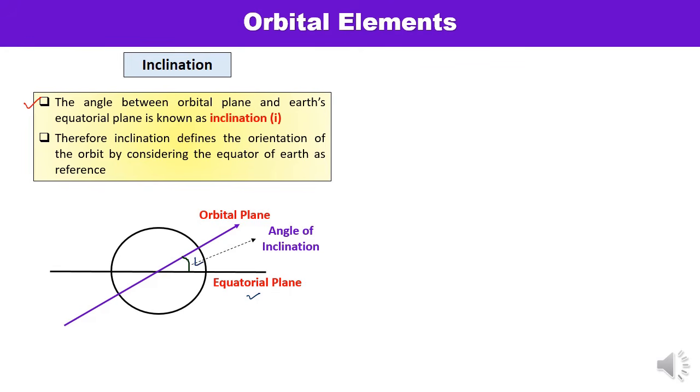So this angle I between the equatorial and orbital plane is the angle of inclination. It defines the orientation of the orbit, right? Take the equator of the Earth as a reference and then see how the satellite orbit is aligned. That particular angle is denoted by the inclination.